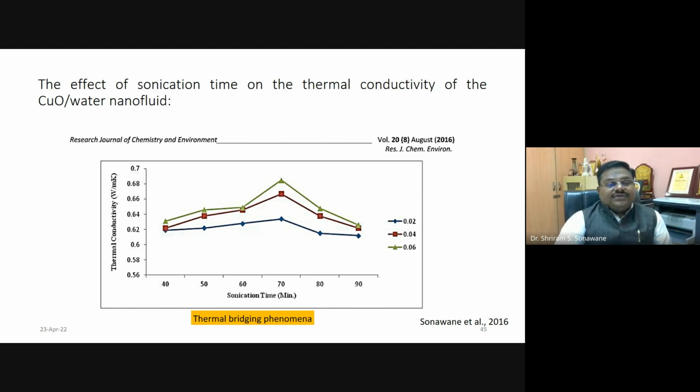The effect of sonication time on the thermal conductivity of CuO, that is copper oxide and water nanofluid. We have conducted an experiment, and everybody will see how the thermal conductivity phenomenon exists in liquid, because thermal conductivity is basically a solid phenomenon, no? So from particle to particle, heat is transmitted without displacement.